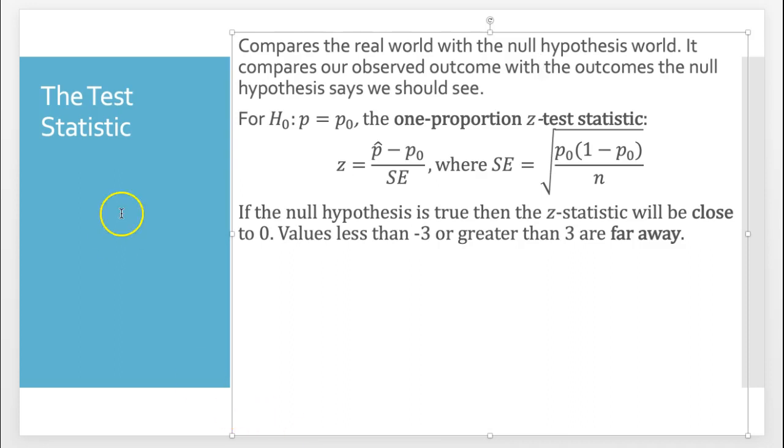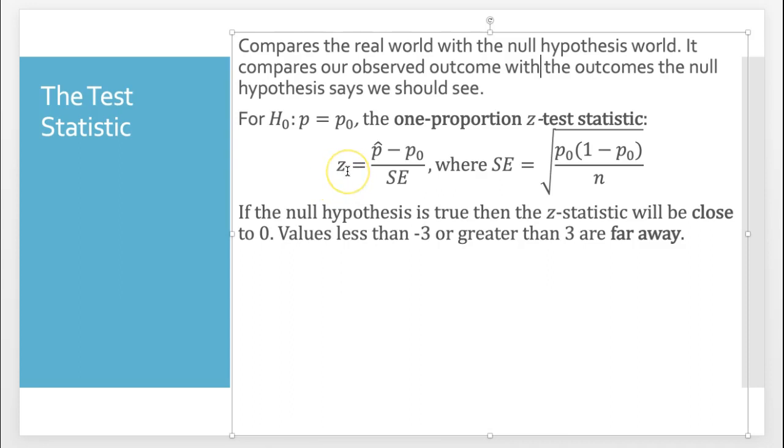For example here, the null hypothesis says the population proportion is equal to the null hypothesis proportion, maybe like 0.5 as it was previously. Then the one proportion Z test statistic is defined as this. This is how we use our data.